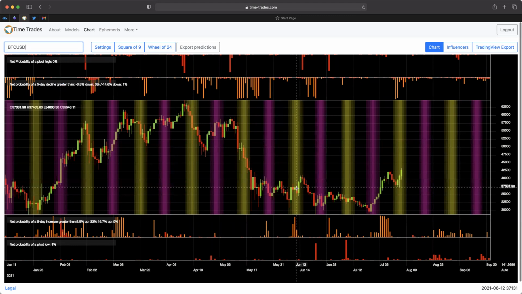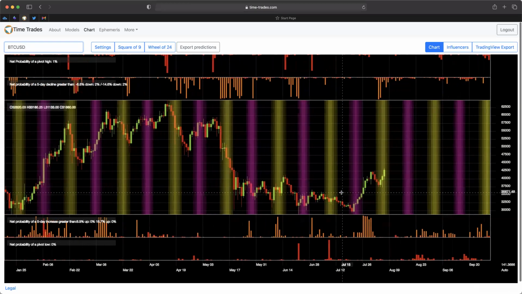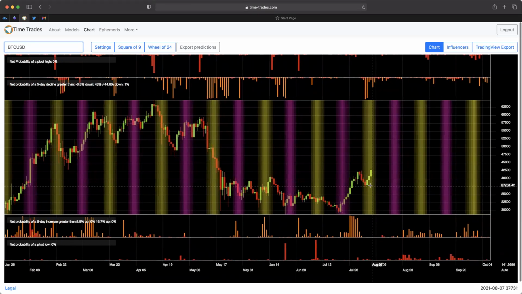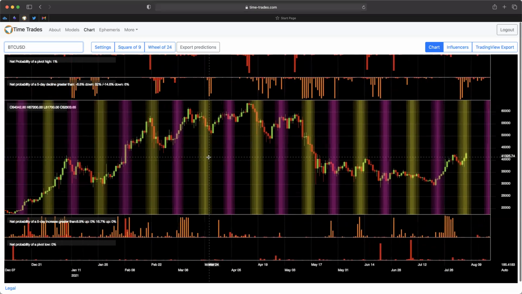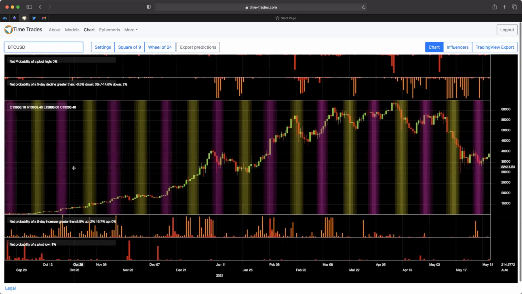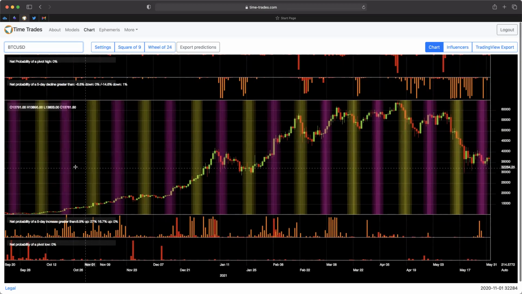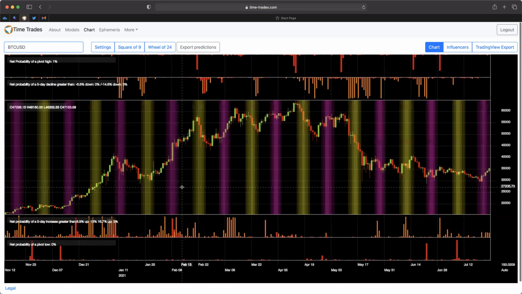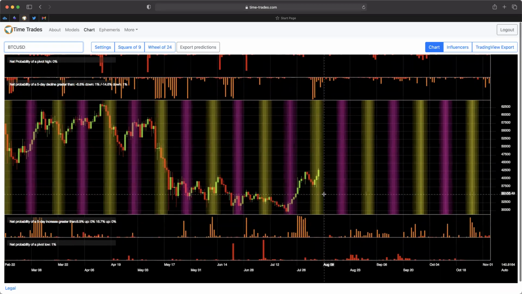And then those sort of petered out during this basing time frame from June to July. And now we're starting to see pumps during the yellow period. And we haven't seen that since December, right? So we go back in time, we can see December, November, October. So this is significant, right?